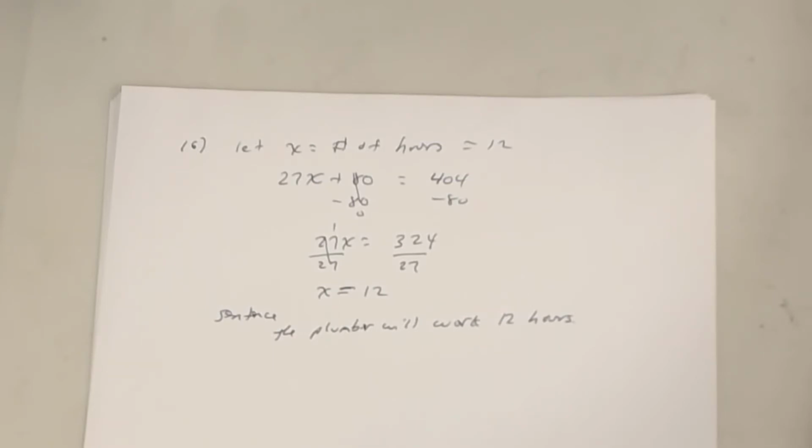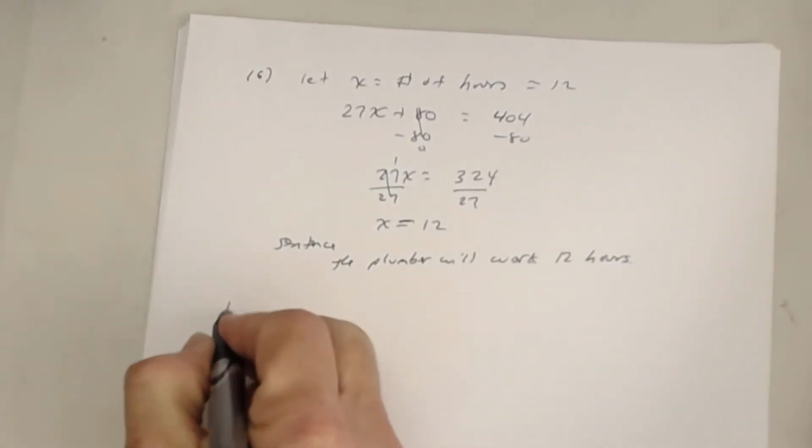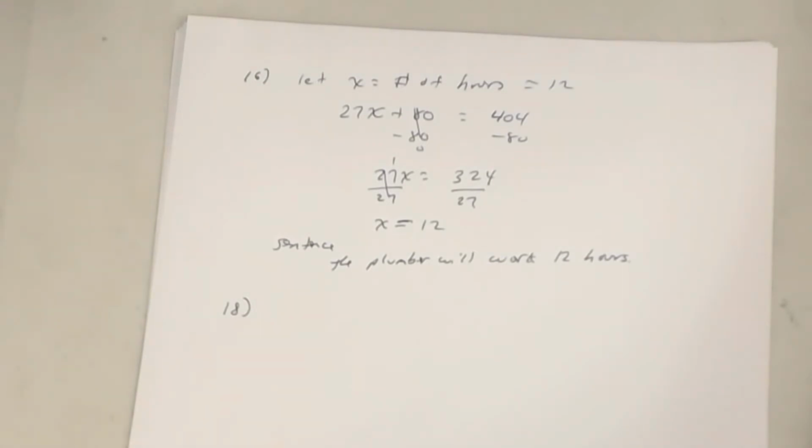All right, let's look at 18. A professional carpet cleaning service charges $30 plus $25.50 per hour to come to your home.